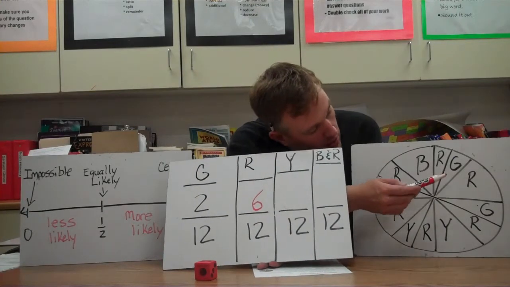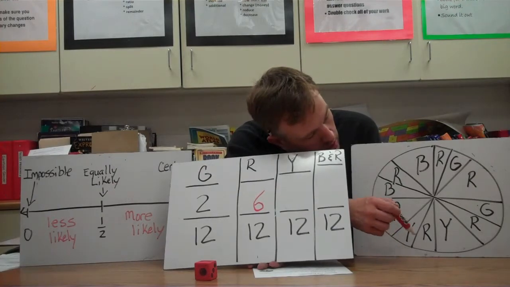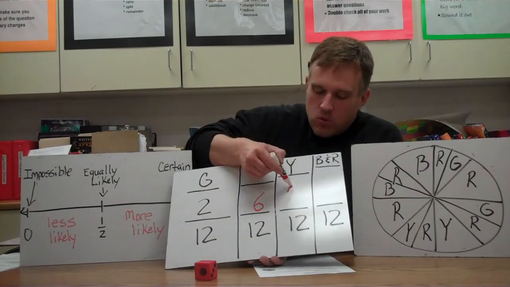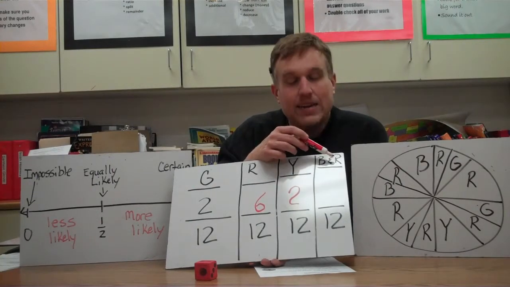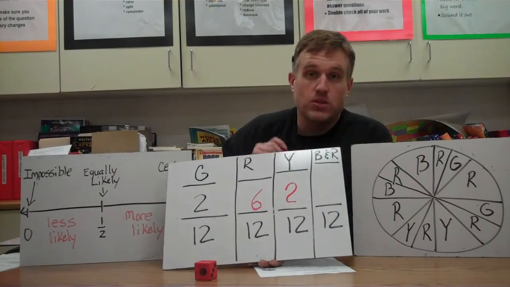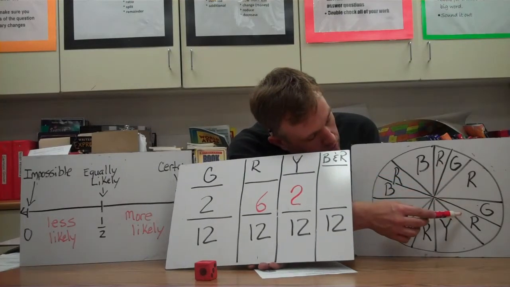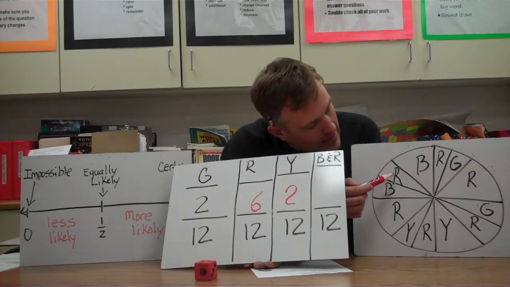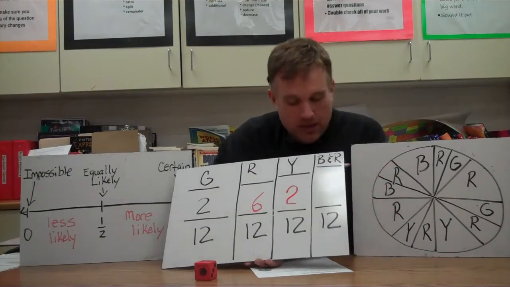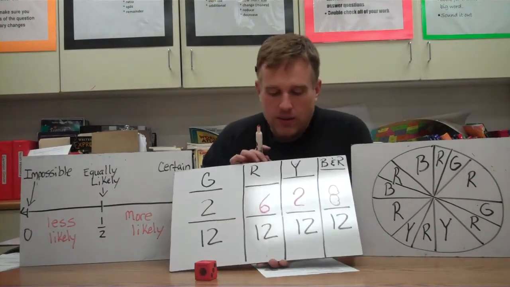Looking at the yellow, how many yellows are there? 1, 2, so it would be 2 out of 12. And how many chances of getting a blue and a red? So I'm going to count all the blues and the reds. 1, 2, 3, 4, 5, 6, 7, 8. There would be 8, if I counted that correctly.